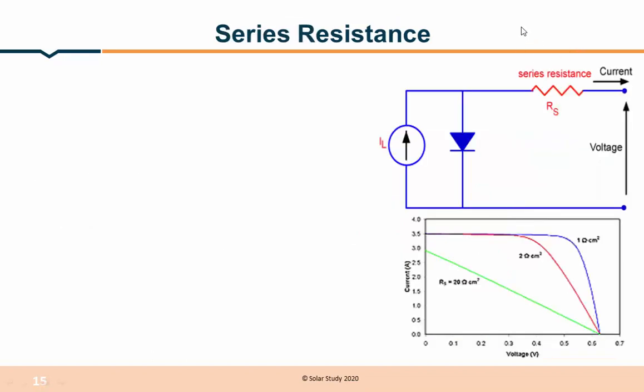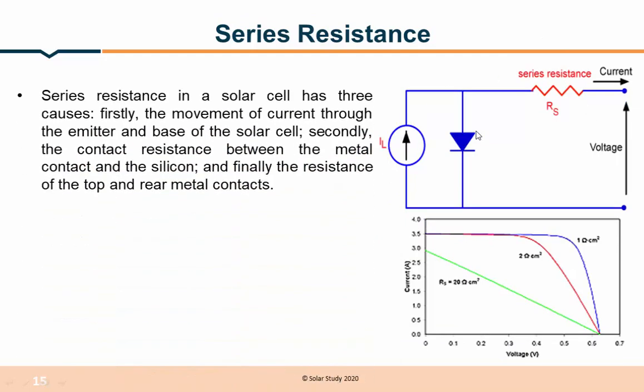First of all, we will consider the series resistance. First we will see what happens to the series resistance when there is a low resistance. You can see in this IV curve, when resistance is 1 ohm per centimeter square, I will get the normal IV curve.